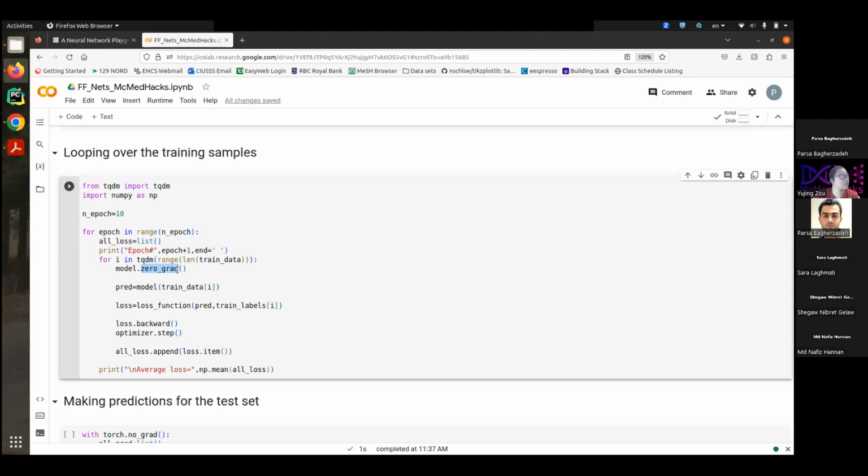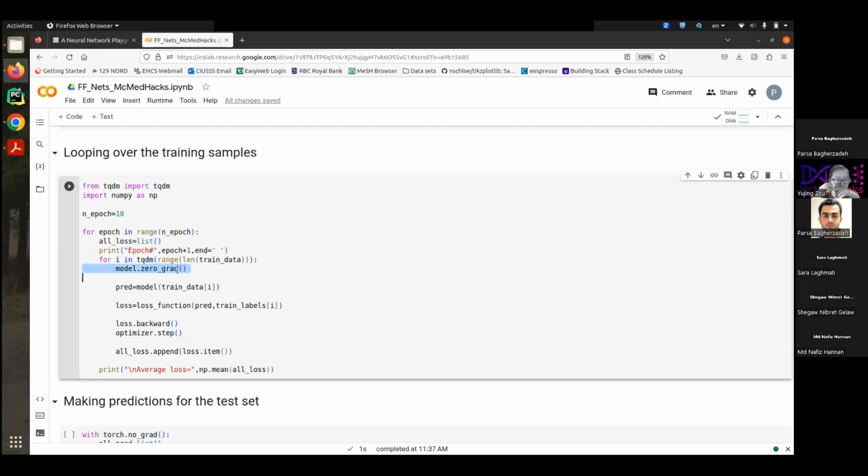When I'm passing a sample through the network, the model automatically calculates the gradients based on the loss that we will have later. And when we go over the next sample, we should forget about the gradients that were stored for the previous samples, because there is a new sample at hand.